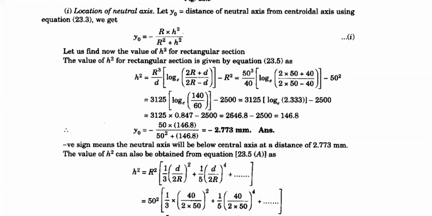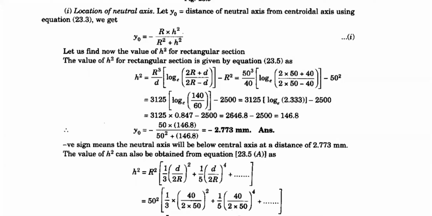What are the terms involved in the formula of y naught? You are involving the terms r and h square. Very good. So r and h square are the terms involved for determining the position of y naught.